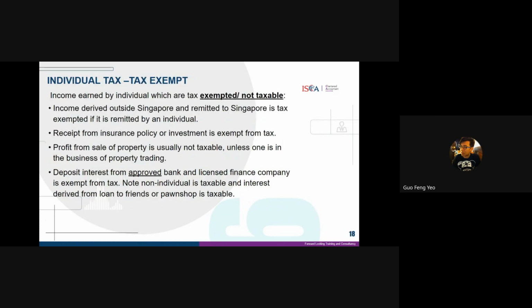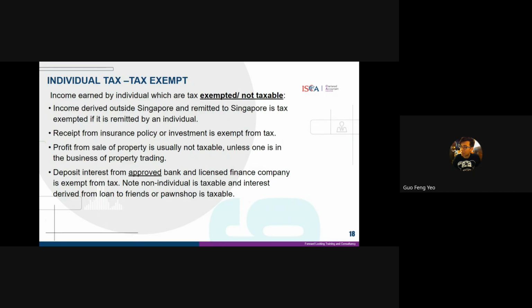Of course, in terms of the income that is derived by an individual, there is also income that is tax exempt. Some examples of income earned by an individual which are tax exempt and not taxable are income derived outside of Singapore and remitted to Singapore by an individual.